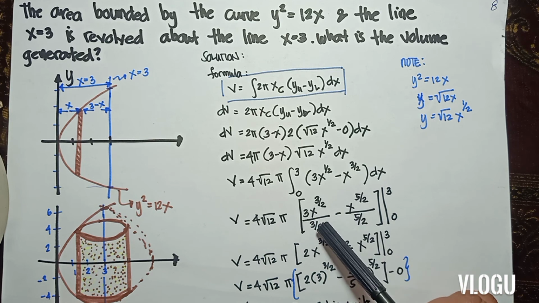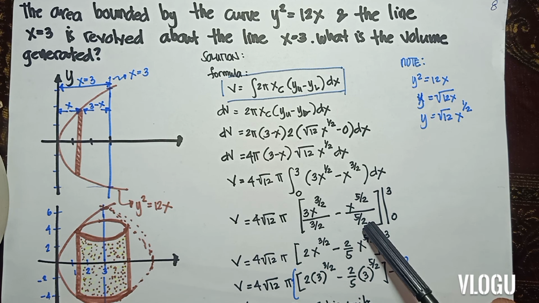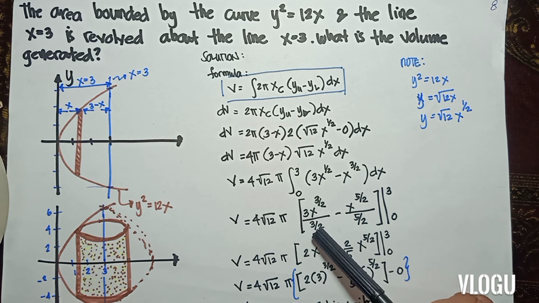That is 1/2 plus 1, that is 3/2. The integral is evaluated from 0 to 3. So the integral of 3x raised to 3/2 over 3/2, minus x raised to 5/2 over 5/2, since 3/2 plus 1 is 5/2. The 3 here can be cancelled out.